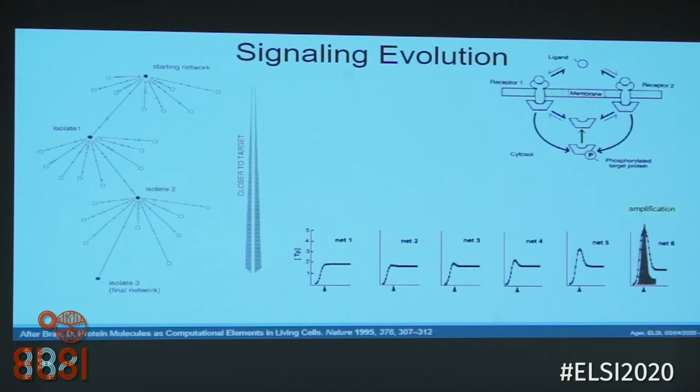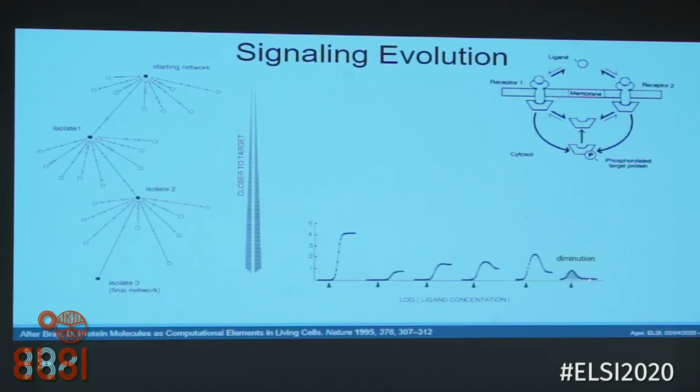But you can actually train the network to do other things. Here's one where you've trained it to diminish, the system evolved in a similar number of steps. You can also do things temporally, which I think would be very interesting and something I'd like to explore in the lab.